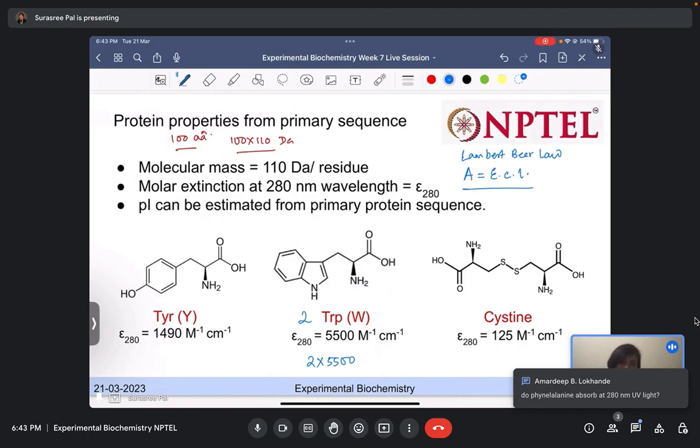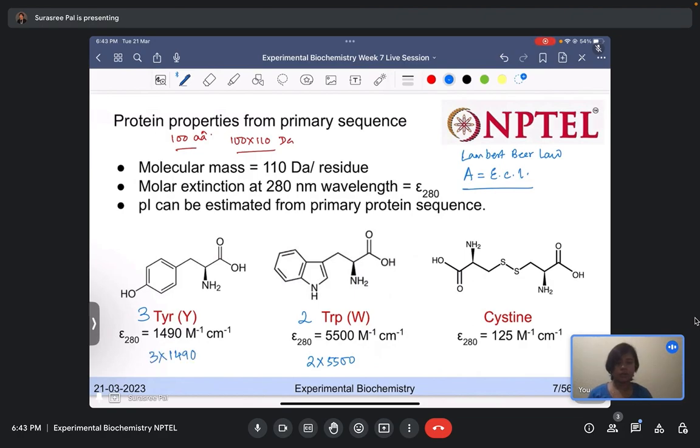Yes, phenylalanine also absorbs 280 nanometer UV light, but phenylalanine has a very low molar extinction coefficient, so it gives very little absorbance compared to tryptophan and tyrosine. If there are 3 tyrosine residues, for example, we can write it as 3 into 1490, and we can calculate the extinction coefficient like that.